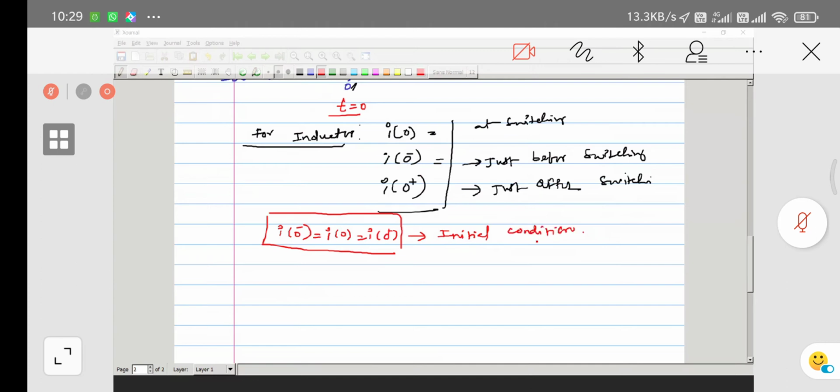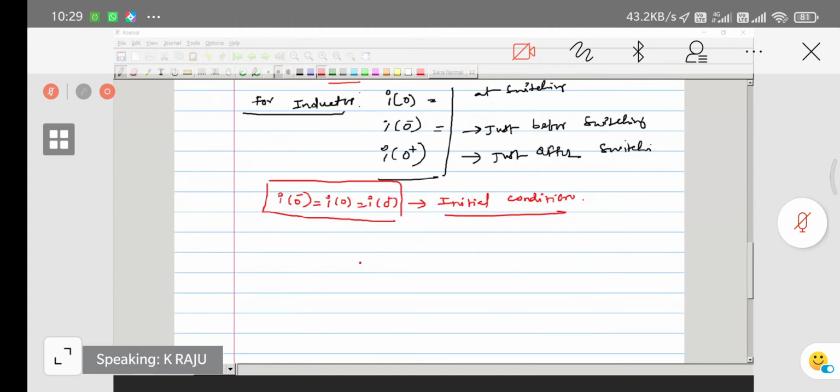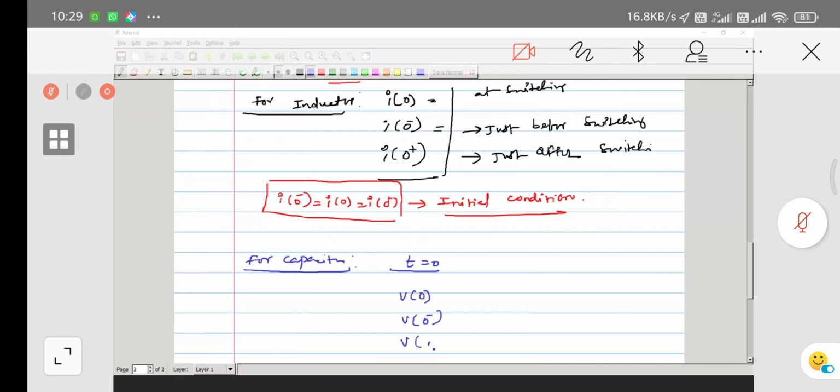Like that, for example, take a capacitor. Here I am closing the switch at t equal to 0. Let us say V of 0 is the voltage across the capacitor. V0 minus and V0 plus.